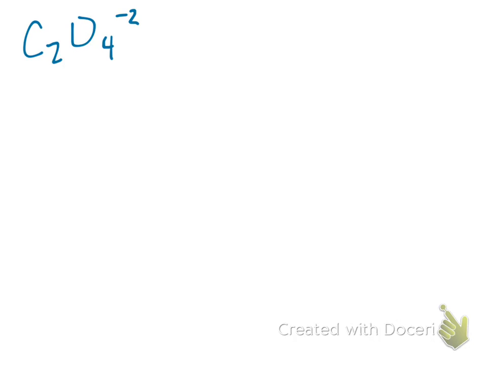Anyone recognize this polyatomic ion? Oxalate. Oxalate, good. Okay, so each carbon is giving 4, which is 8, plus 24, plus 2.